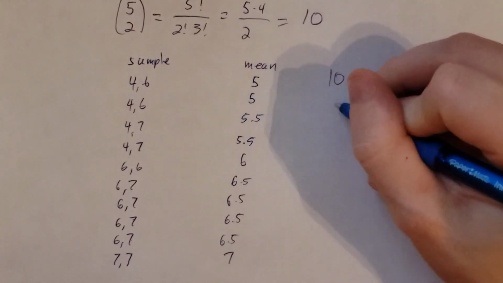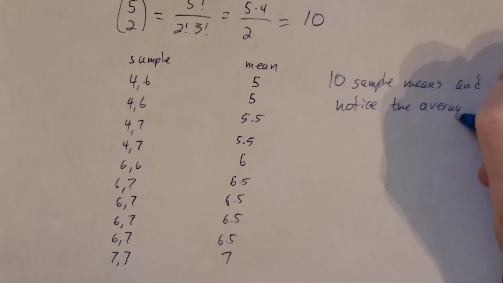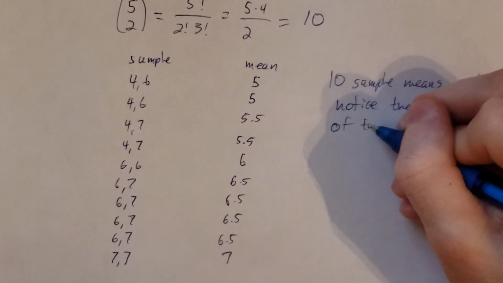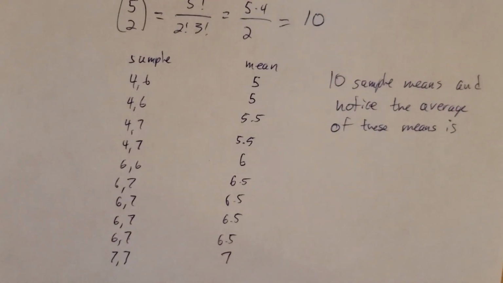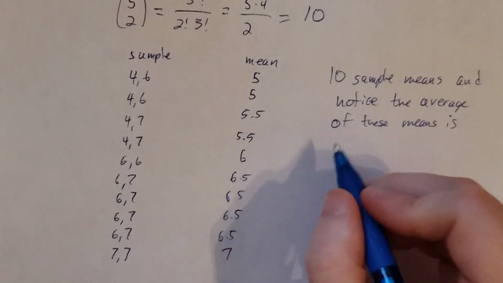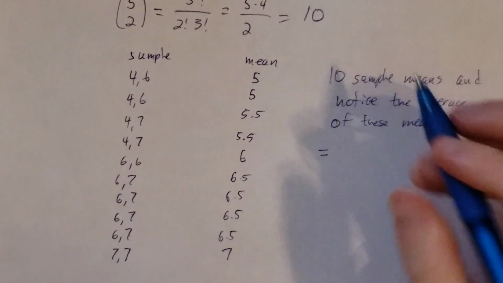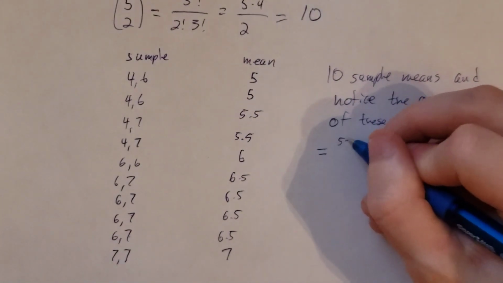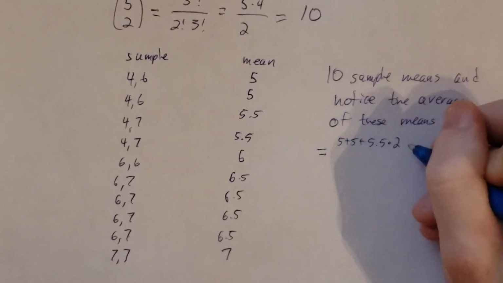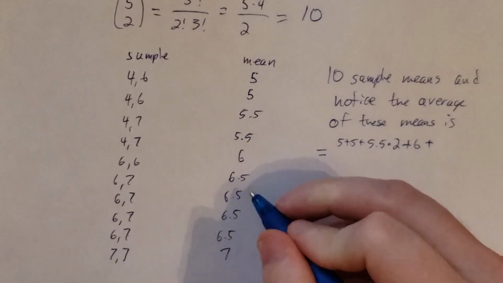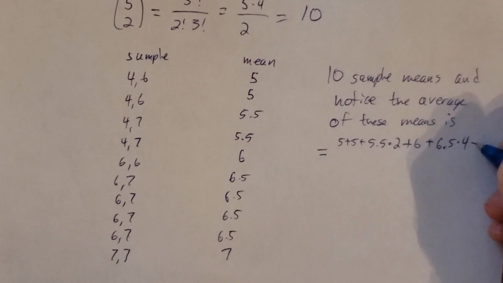And notice the average of these sample means, well, let's go ahead and find out what that is. 5 plus 5 plus 5.5 twice plus 6 plus 6.5 4 times plus 7.